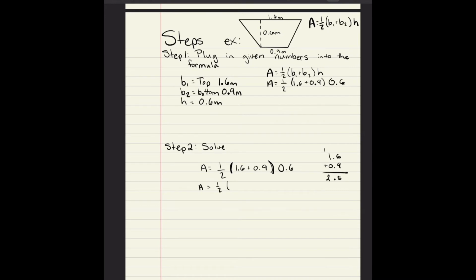So I'm going to rewrite my whole problem and write what I got here. Now I can multiply, so you can multiply whatever you want. I like to do the bigger numbers first, then just divide by 2.